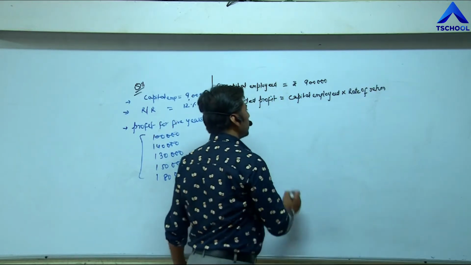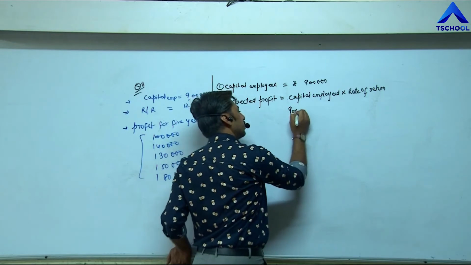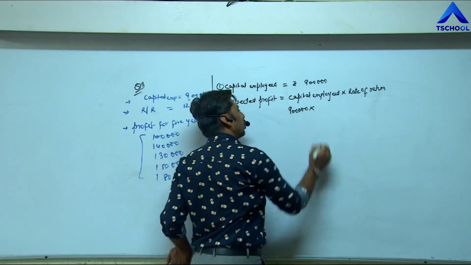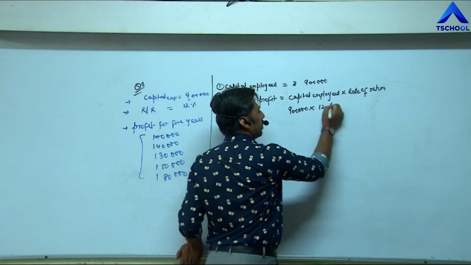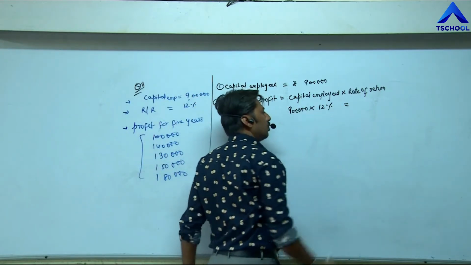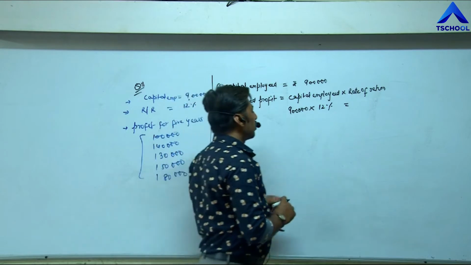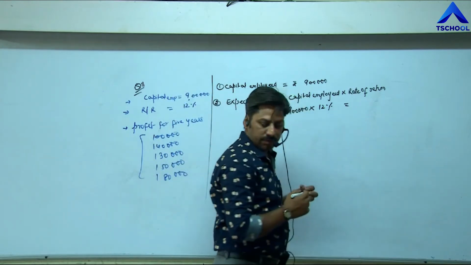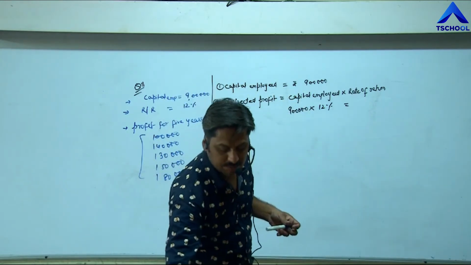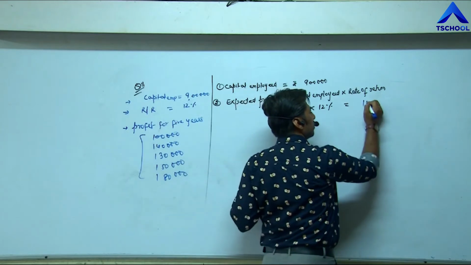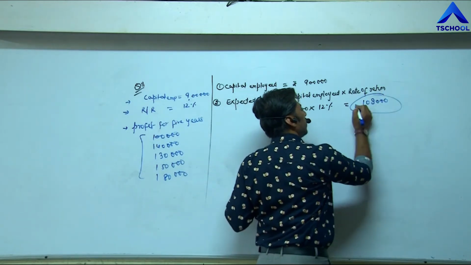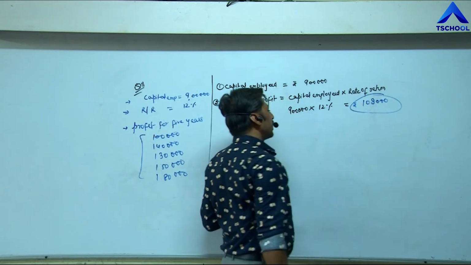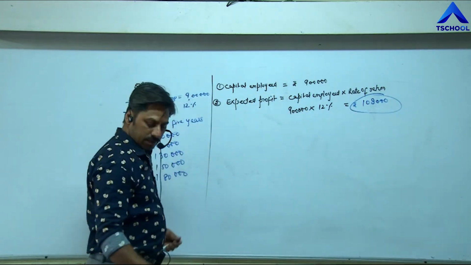So capital employed is 9 lakh rupees into rate of return 12%, which is 12% of 9 lakh rupees, equal to rupees 1 lakh 8,000.